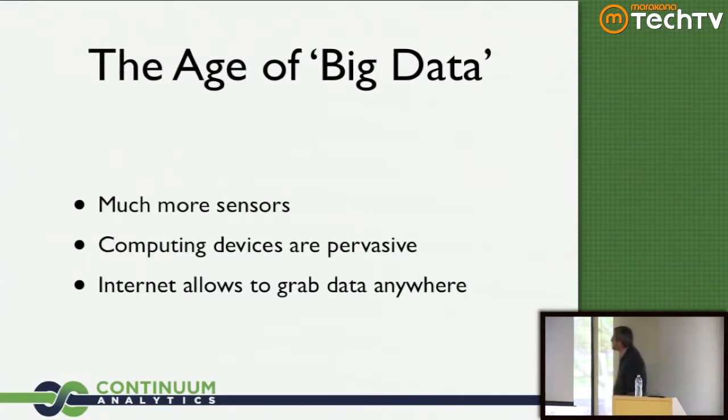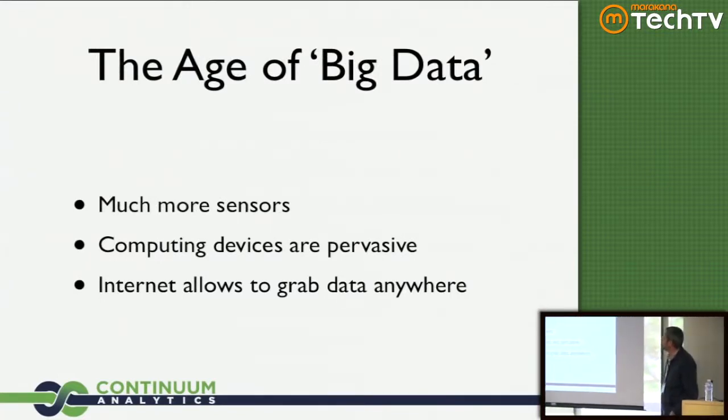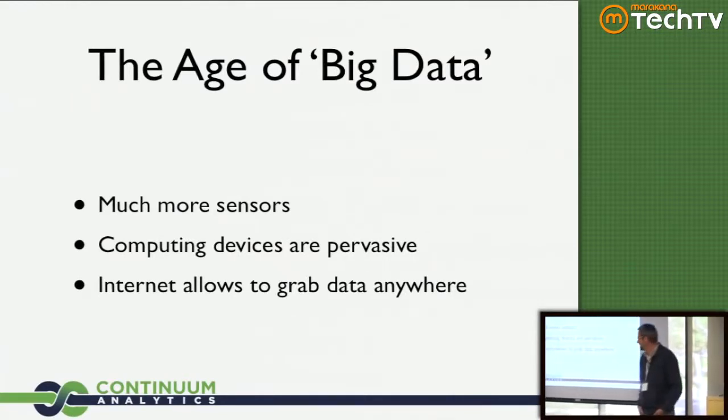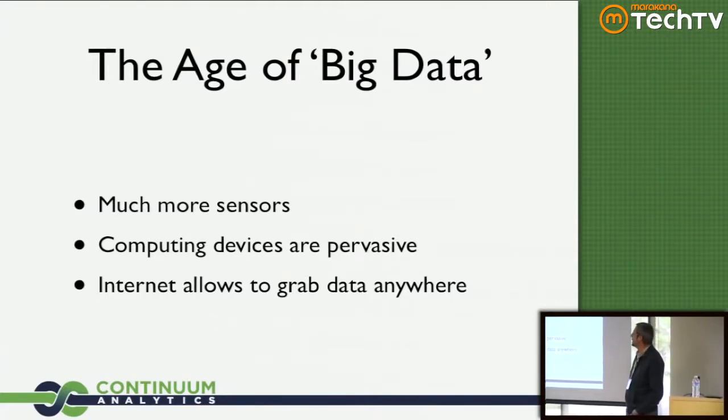So, of course, we are in the age of big data. Apparently there is too much hype on it, but the truth is that we have, in reality, many more sensors.